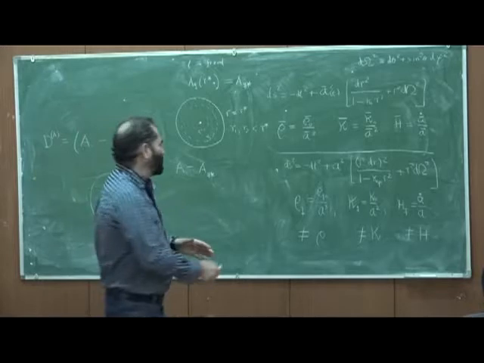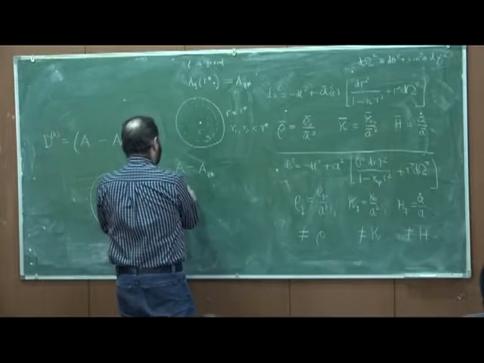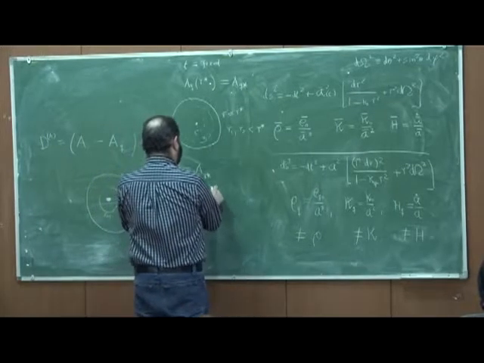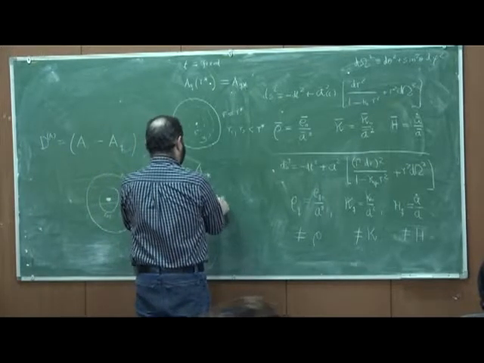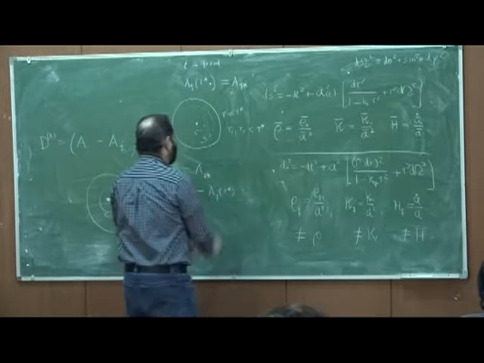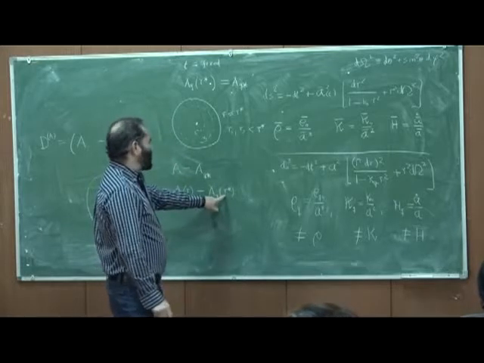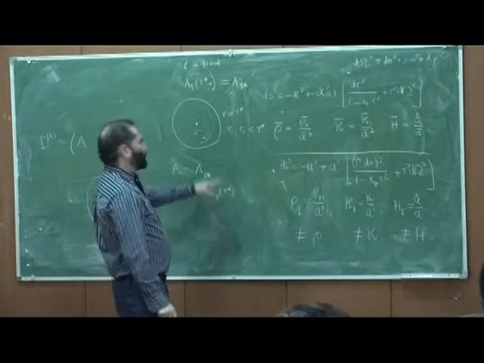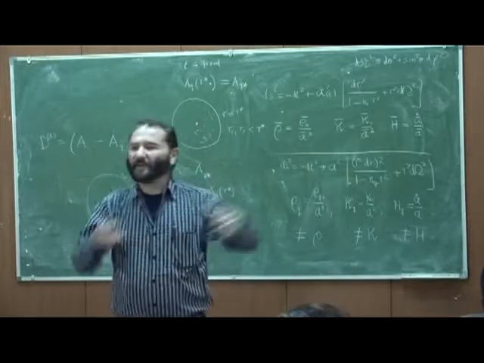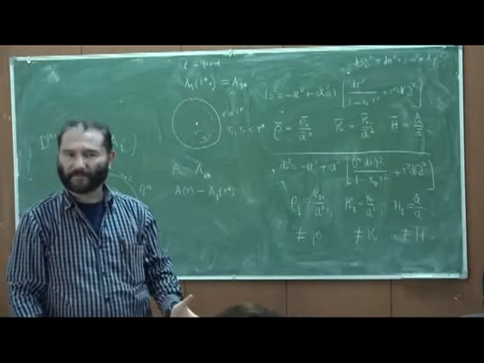Strictly speaking, this is a function of R and R star, because we fix this first. Why do we fix it there? Because it can be arbitrary, but once it's fixed, it has to stay fixed.